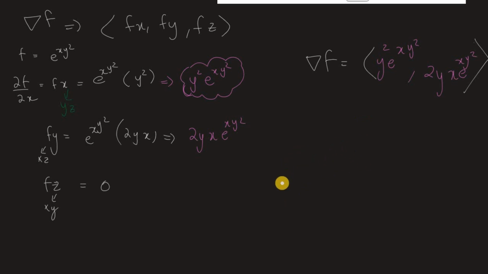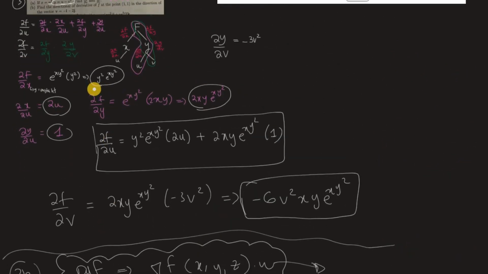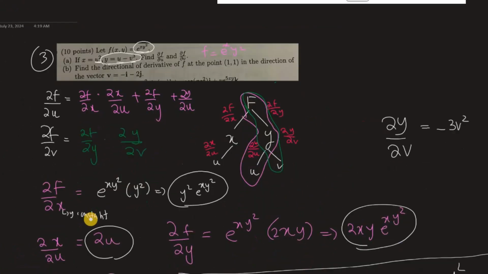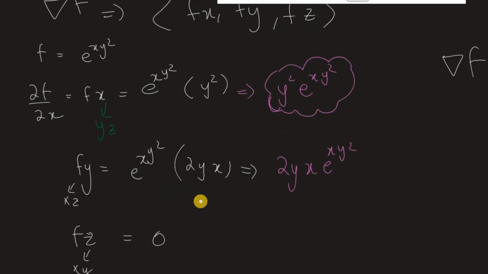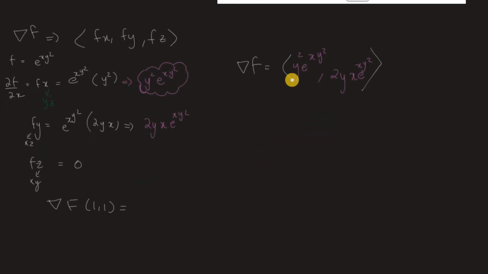Now we need to evaluate this gradient at the given point, and then we can go ahead and dot product with the unit vector. So let's evaluate the gradient at the given point. And what is the given point? It is 1, 1. So we're going to be putting 1 inside this, where x is 1 and y is 1.